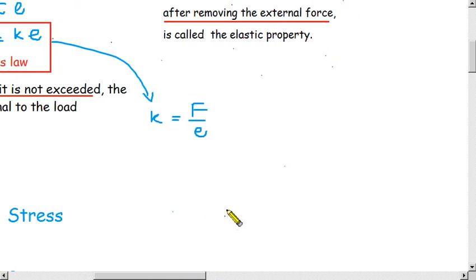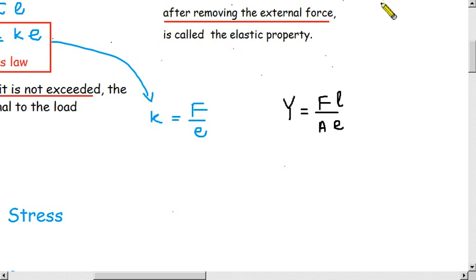But we know Young's modulus equals F divided by A, then E divided by L, means we can write it like that.